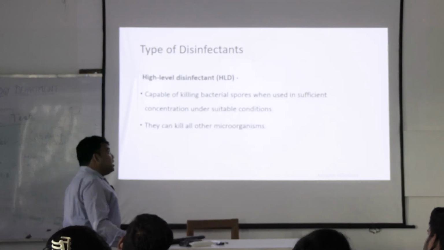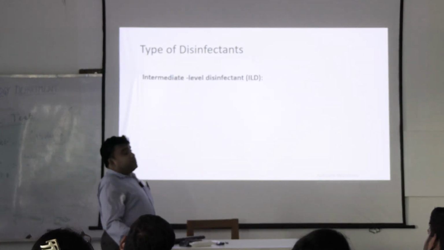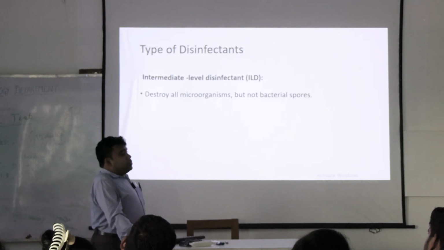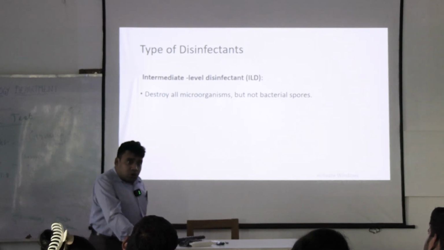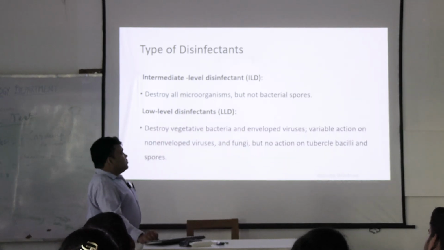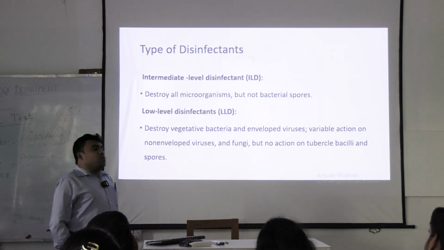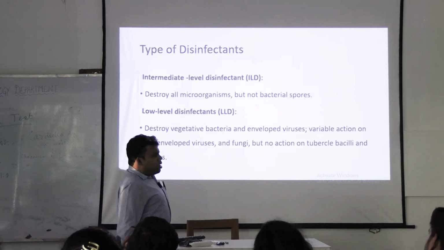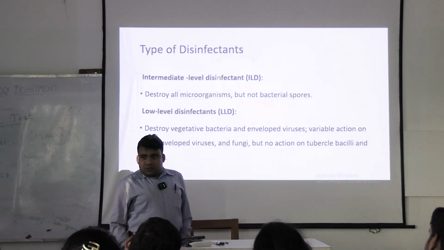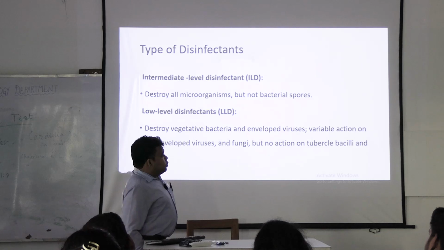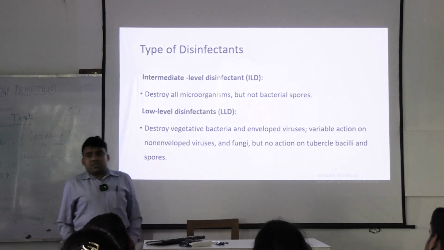This is called high level disinfection. Then intermediate would be, it will kill all microorganisms but not spores. Low level disinfection means it will disinfect or kill most of the organisms, but some will be resistant. Most notably, it will be tubercle bacilli and spores.